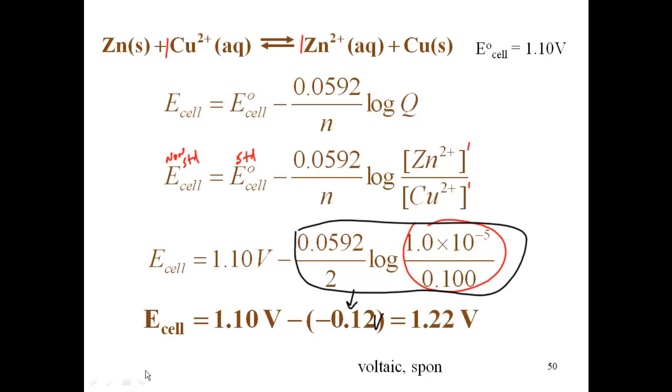So I got 1.10 minus negative 0.12, which means plus 0.12, which gets me up to 1.22 volts. You can see the increase by 0.12 volts. It's still voltaic, it's still spontaneous, so it changed a little bit in the amount of voltage by changing the concentrations of those species from being 1 molarity. The change in concentration can vary that potential to go up or go down.